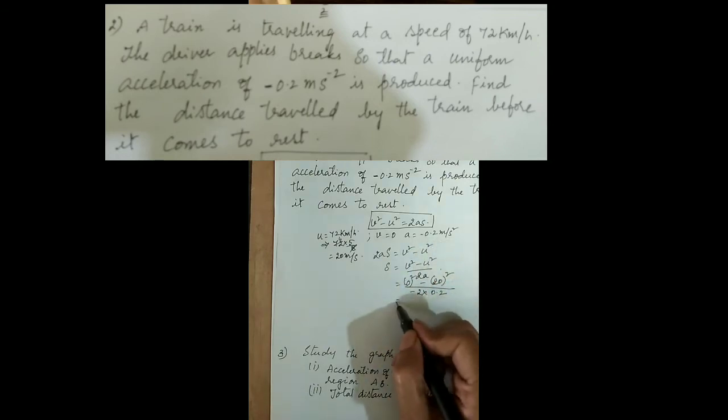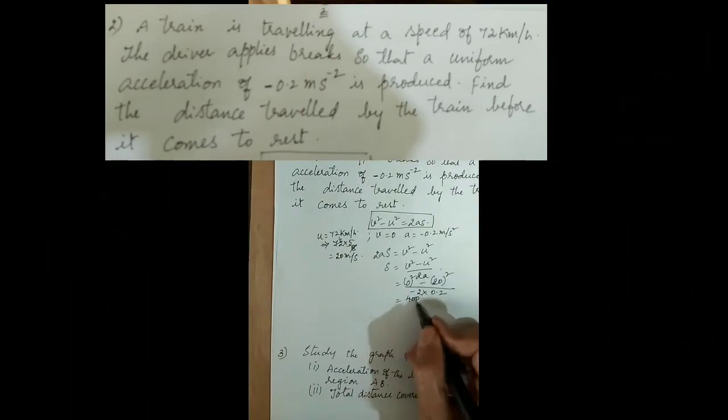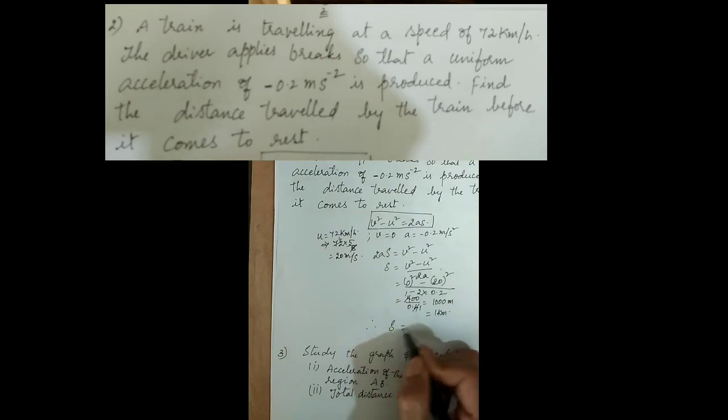So that is equal to 20 twenties are 400 by 0.4. There is one decimal point, so 1000. So 1000 meters, that is equal to 1 kilometer. Therefore s is equal to 1 kilometer or 1000 meters.